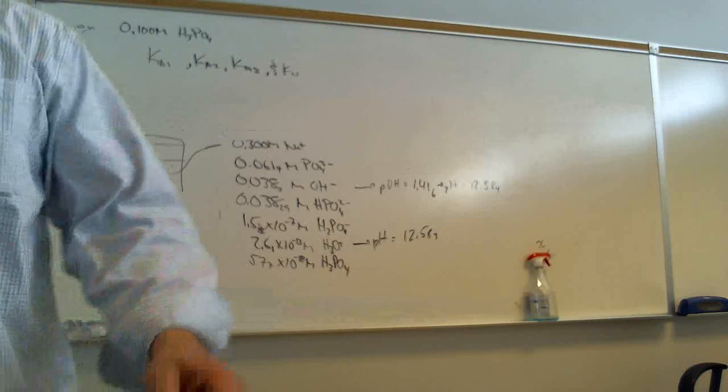And so let's take a look at just the chart values over here and see if we see something here. If we look at phosphoric acid, Ka1 is 10 to the minus 3, weak acid.